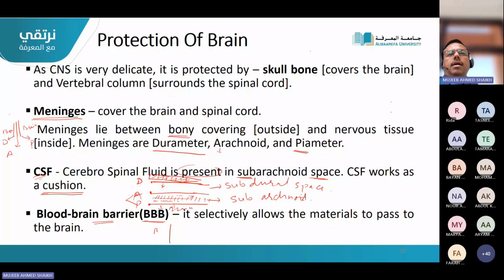This is blood and this is brain. You will not see a clear-cut layer, but there is some restriction of movement of ions or chemicals from the blood to the brain. This is through a system we call the blood-brain barrier.